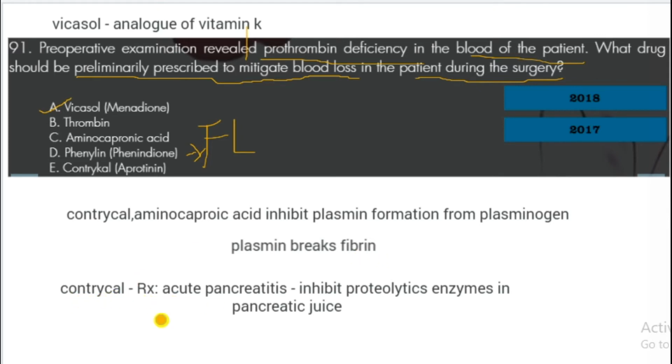Contrykal is also a treatment for acute pancreatitis because it also inhibits proteolytic enzymes in pancreatic juice.